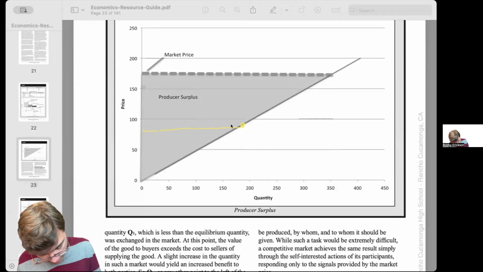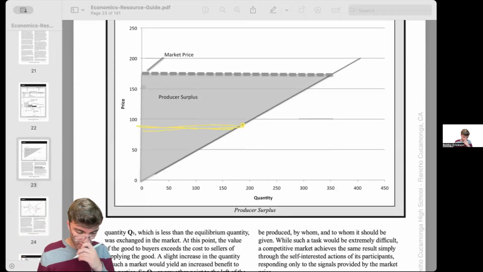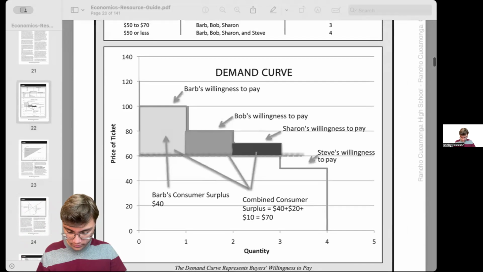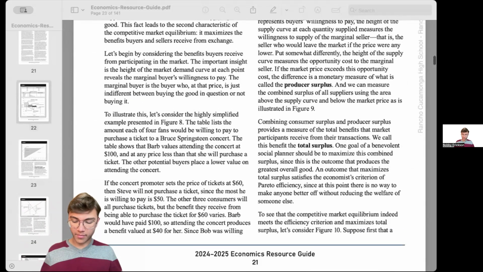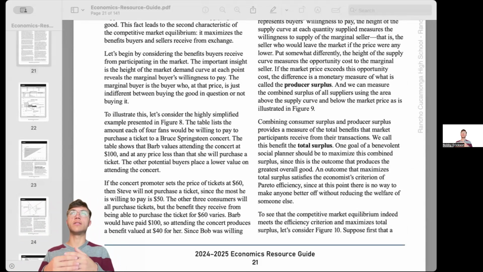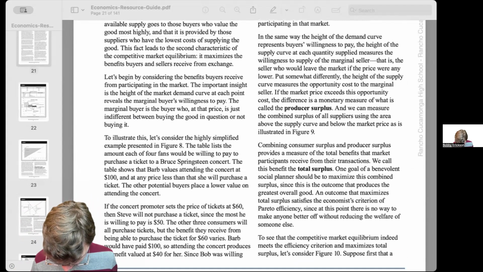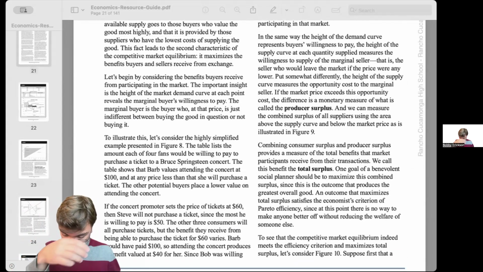This price right here represents the opportunity cost of supplying the good. This is very important to understand because you may get mixed up when it asks what is representative, and you need to know that it's representative of the opportunity cost for that single marginal seller.